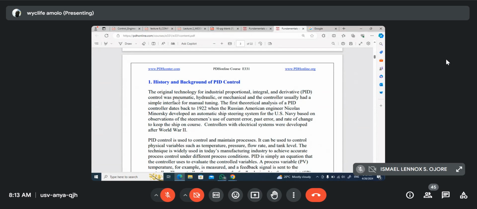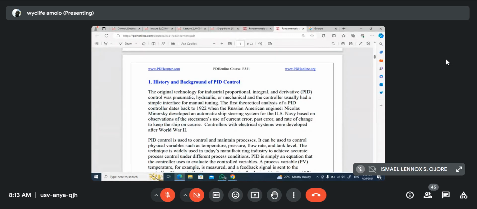The original technology for industrial proportional, integral, and derivative PID control was pneumatic, hydraulic, or mechanical, and the controller usually had a simple interface for manual tuning.